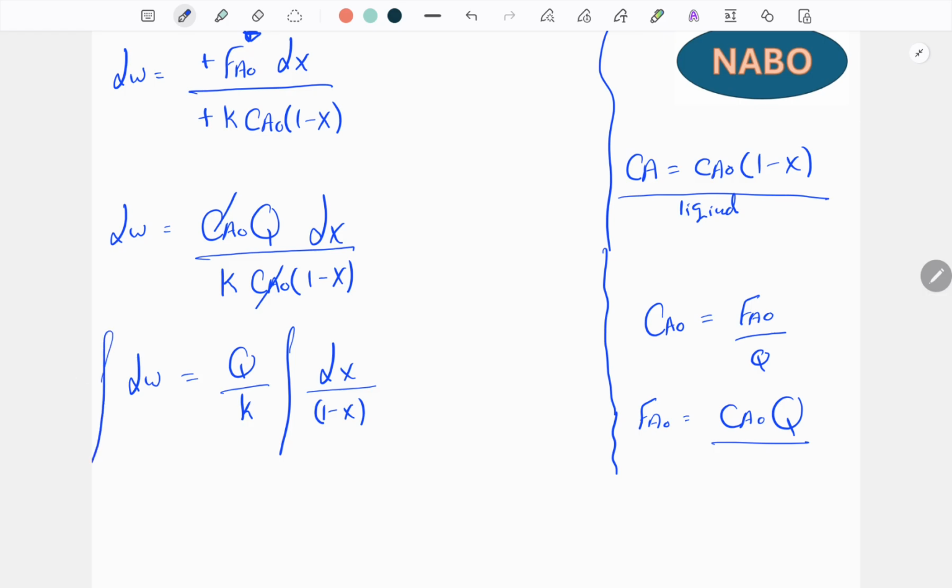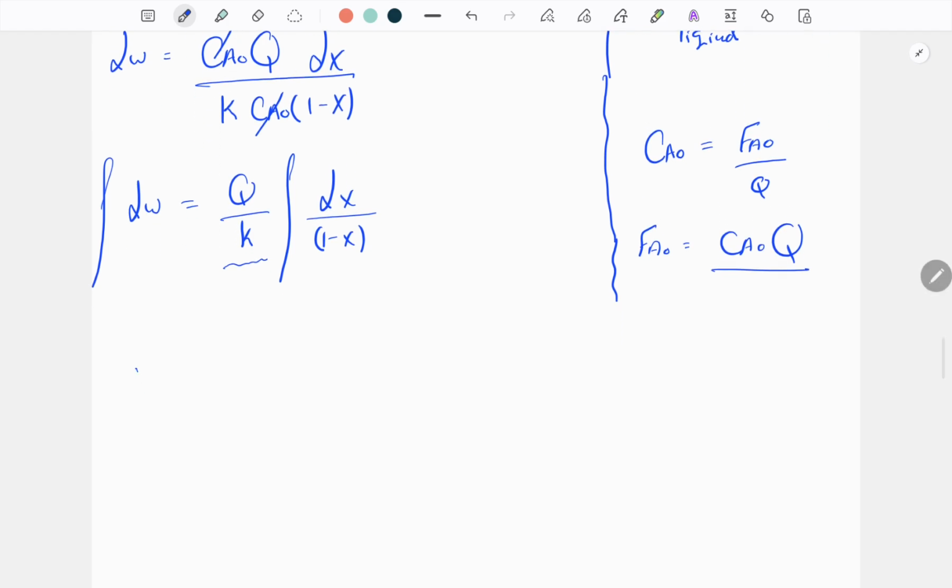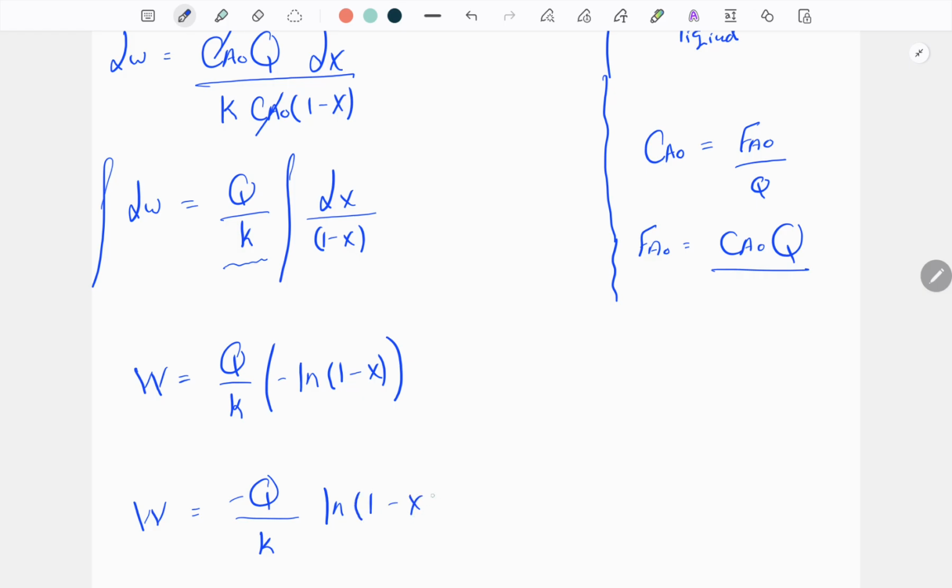We can integrate both sides. These are constant. They're not a function of conversion, so they can leave the integral. Therefore, W, which is the mass of the packing inside of the reactor, equals Q over K times negative ln 1 minus x, which can also be written as W equals negative Q over K ln 1 minus x.